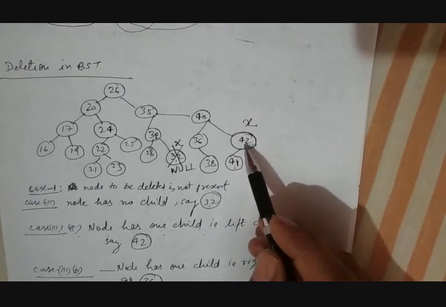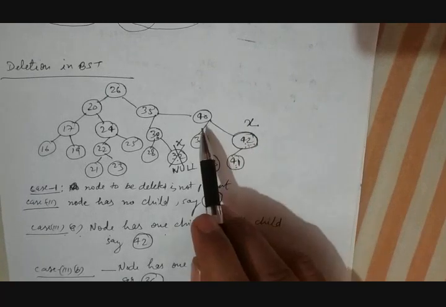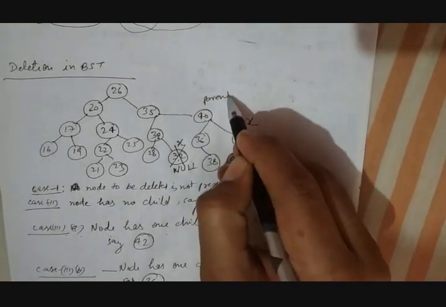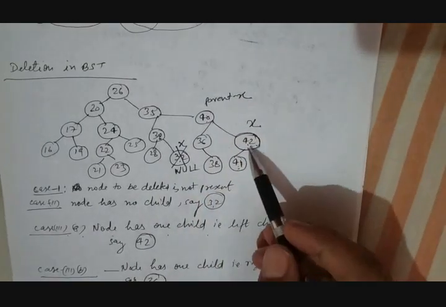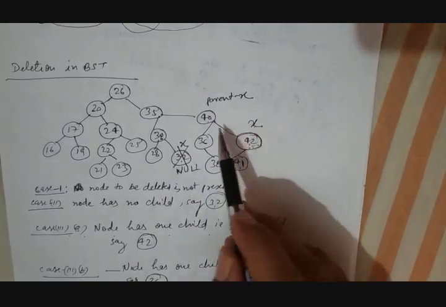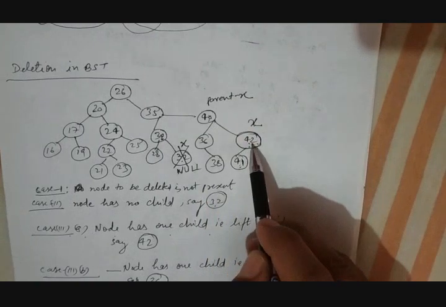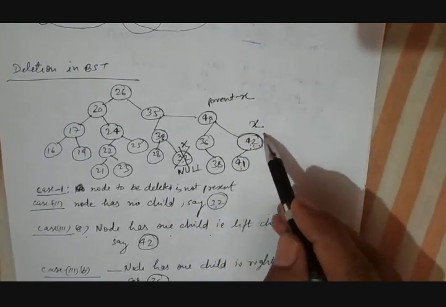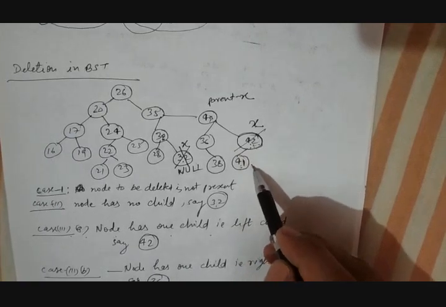Just see here, 42 is the right child of its parent. So this is X, and this is the parent of X. X is the right child of the parent of X. You want to delete this node X. So what about this node?